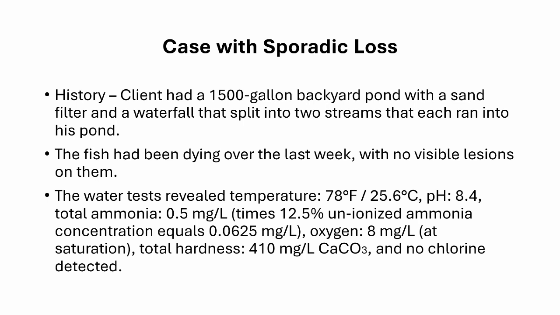They're not removing water to do a water change, but rather just topping off the pond. You need to actually remove water so the minerals, the calcium carbonate, are removed with it. Then when you add new water, it doesn't get too high of a hardness or mineral content. No chlorine was detected, so that's safe. We don't want tap water in the pond that isn't treated to remove the chlorine.